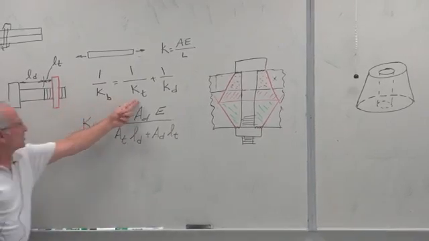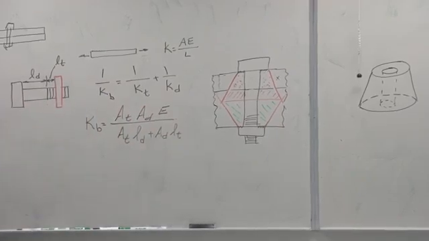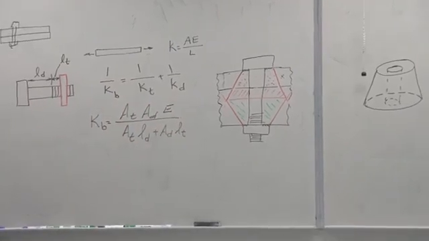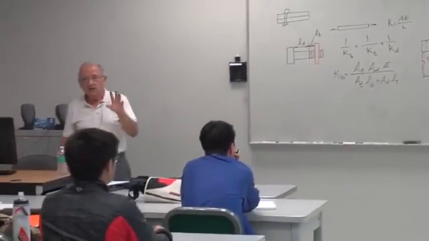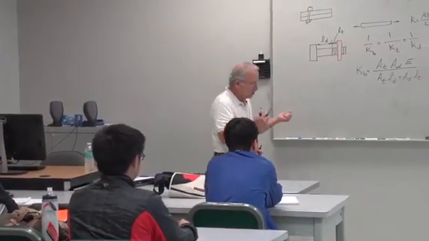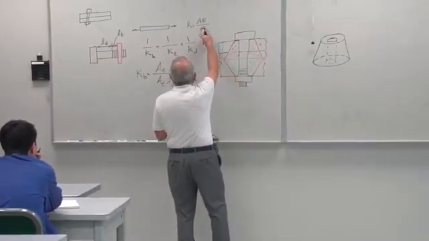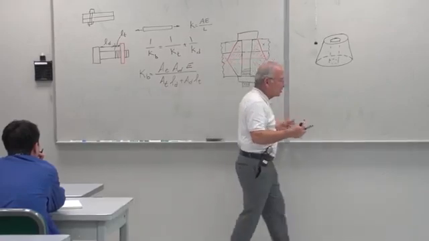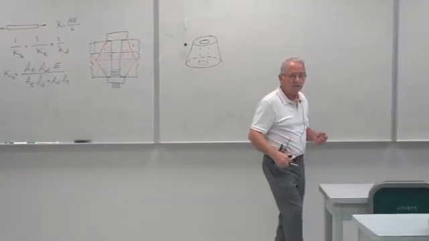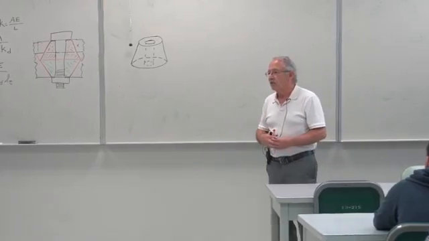Use an equation similar to this to come up with the stiffness of the member. Is everybody clear on what we were about to do? So we have a member under compression, which can be assumed to act like a spring, as before. That spring constant. Problem is, A is not a constant. Therefore, we have to integrate in order to find this.